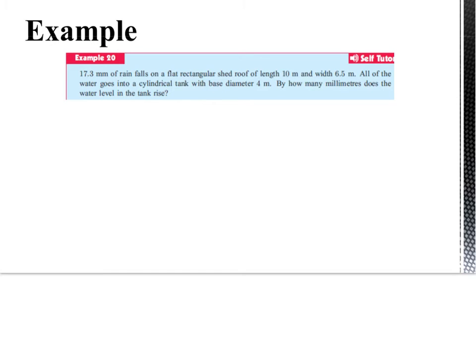The 17.3 millimeters, because everything else is in meters, we need to convert that to meters as well. So we're going to divide by 1,000, and we get 0.0173 meters.